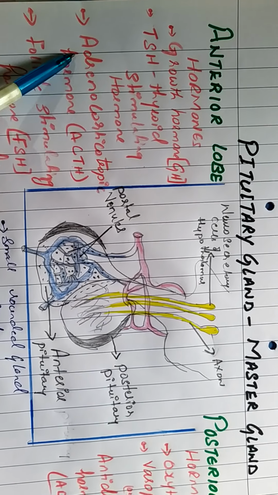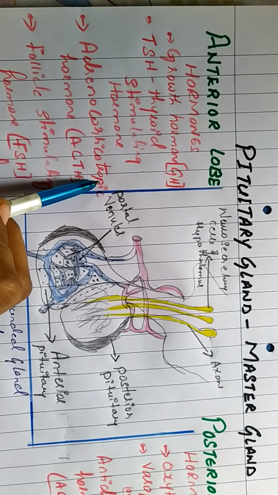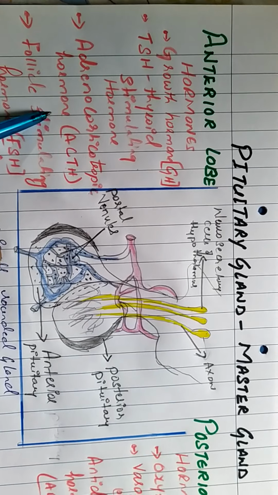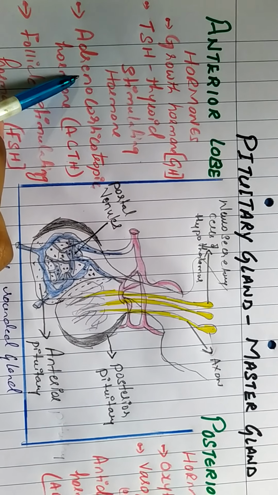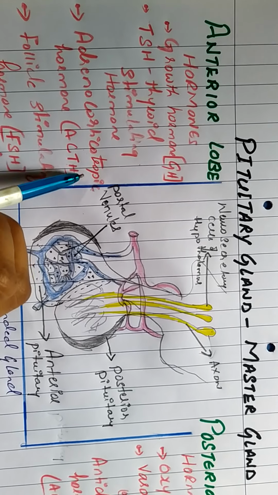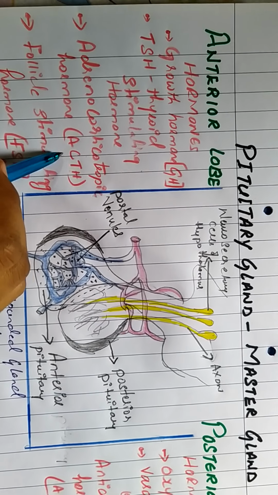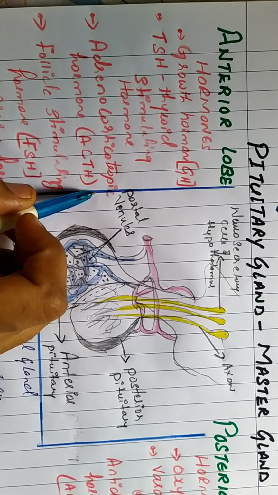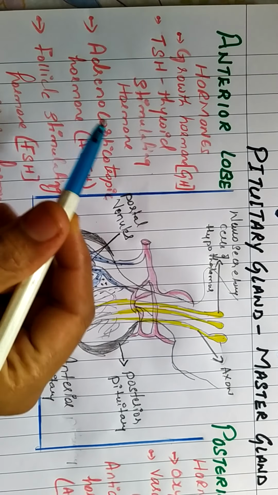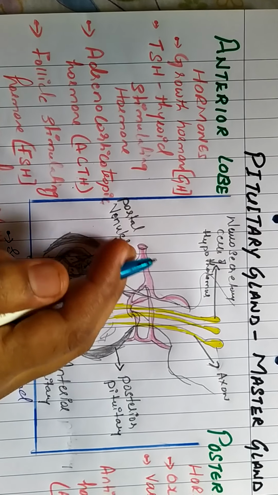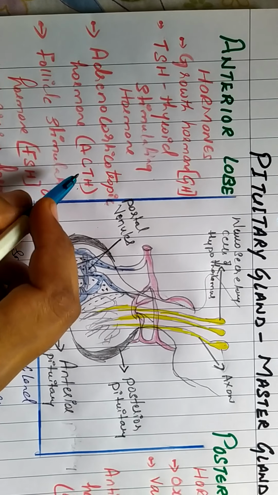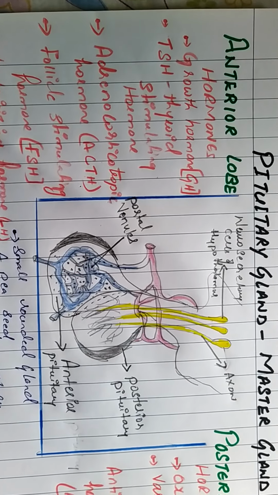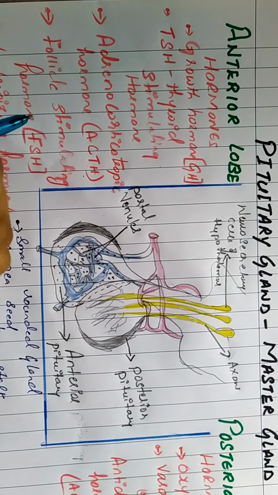The next is the adrenocorticotropic hormone, ACTH. It is a hormone that helps stimulate the adrenal cortex to secrete glucocorticoid and mineralocorticoid hormones, as you might have studied in the adrenal gland.